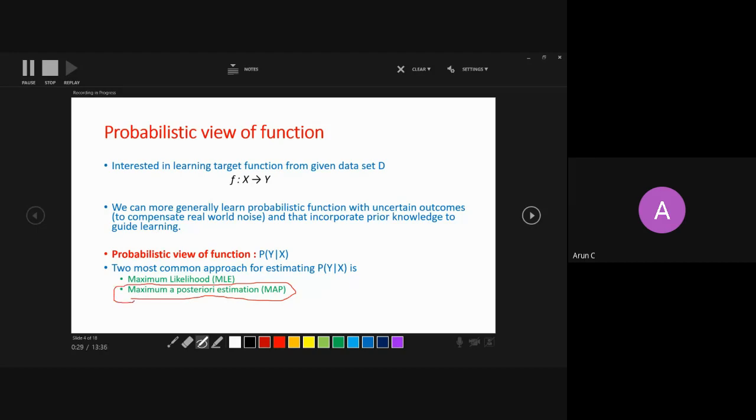To introduce this concept, I will start with a very simple example, just so you have an intuitive feeling for maximum a posteriori estimation. Then I will contrast it with maximum likelihood estimation, which we have already understood.